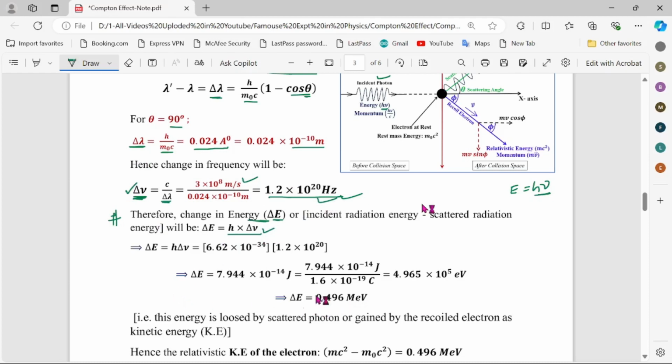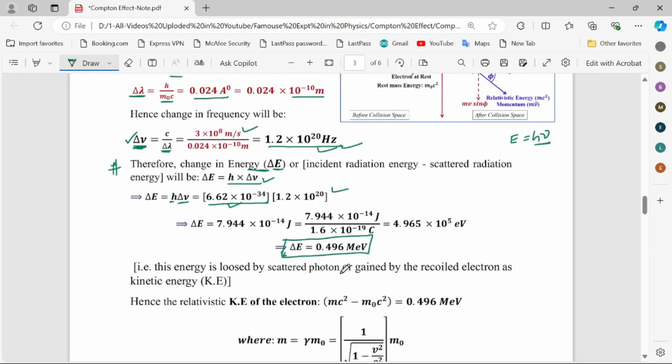I substituted the Planck constant value of 6 point something and the change of frequency value, and found this value. This value is the change of energy. So what does change in energy mean here?